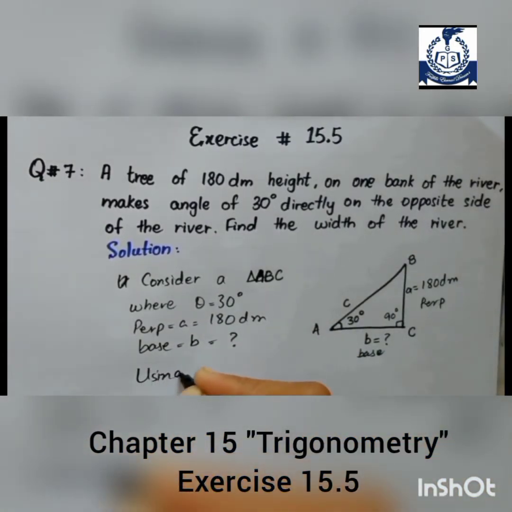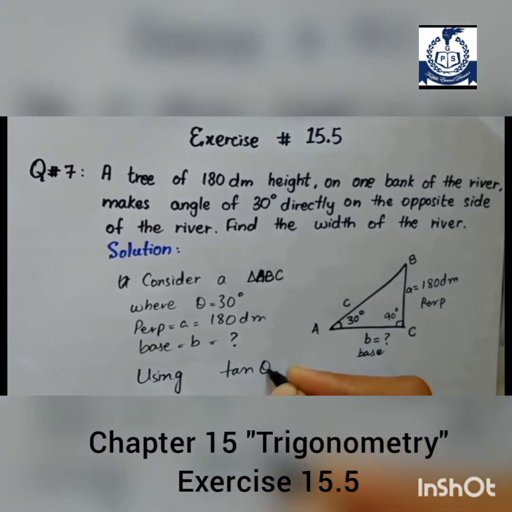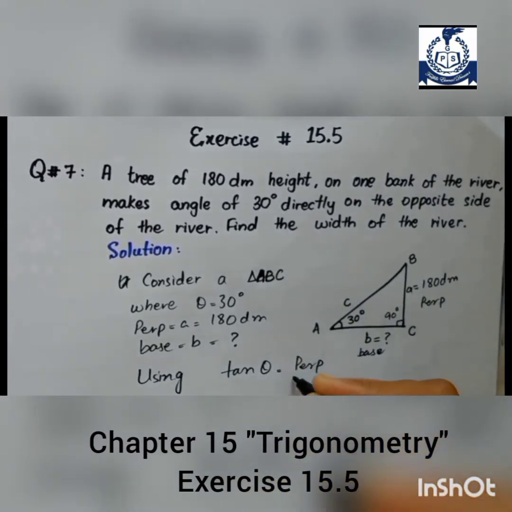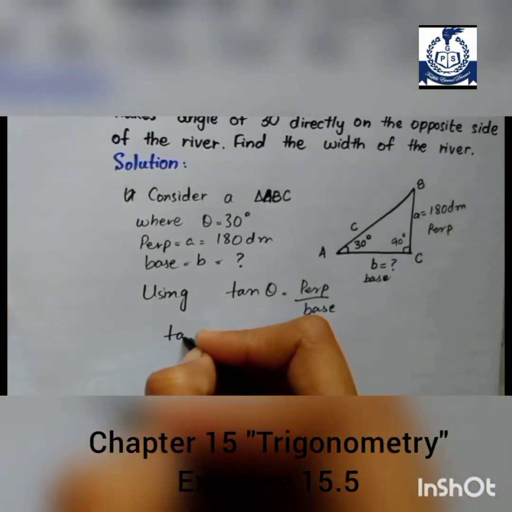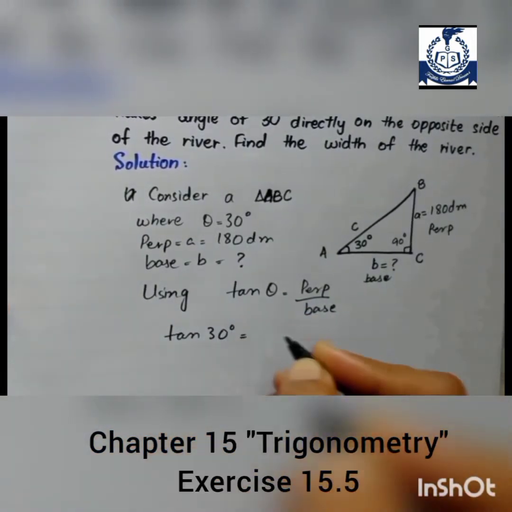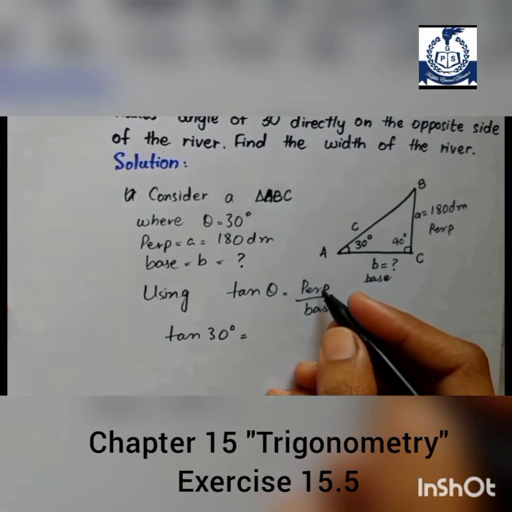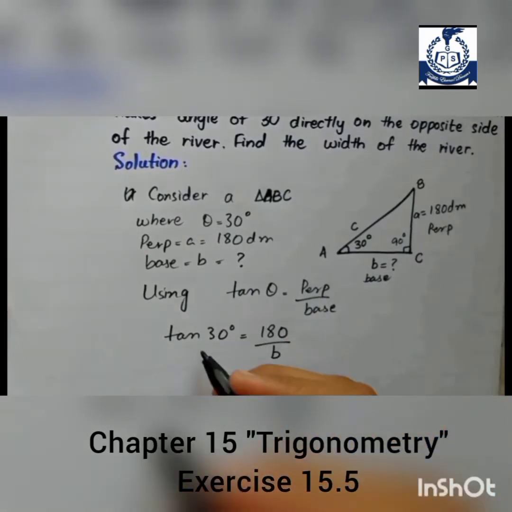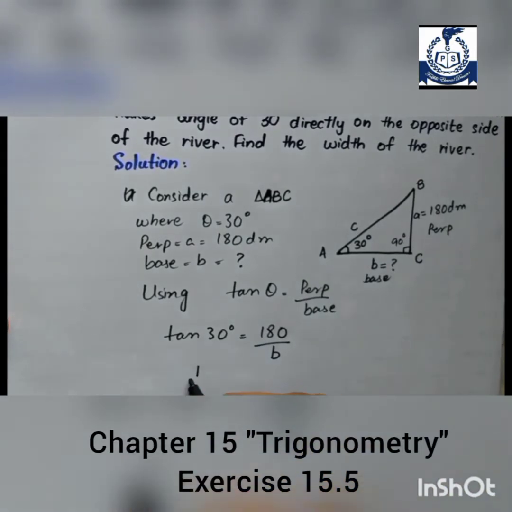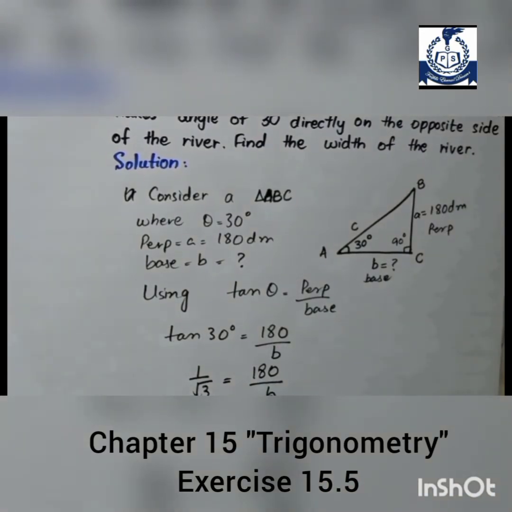So using the tan theta formula, because we know the value of the perpendicular and we have to find the value of the base. Tan theta, according to the chart, is 1 upon under root 3, and 180 upon b. So 1 upon root 3 is equal to 180 upon b.